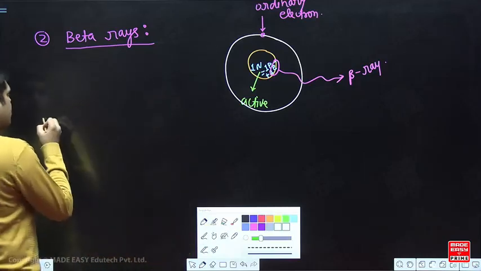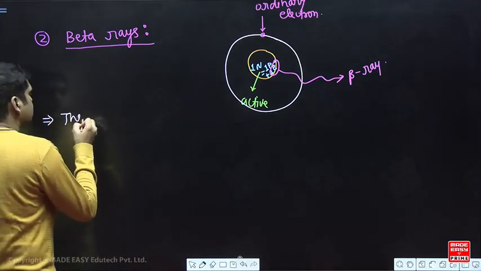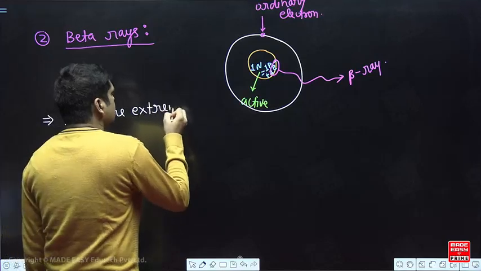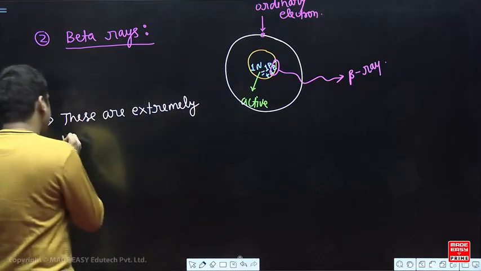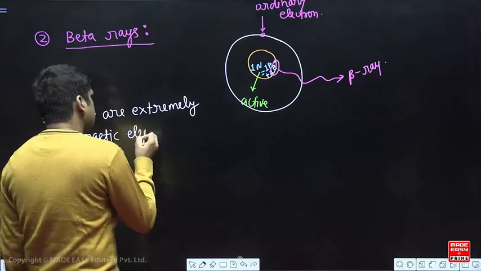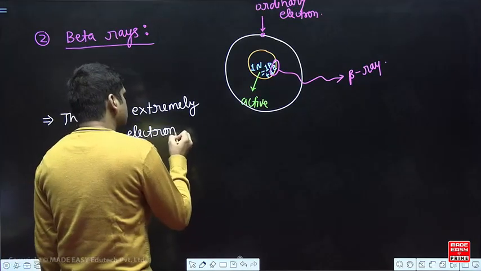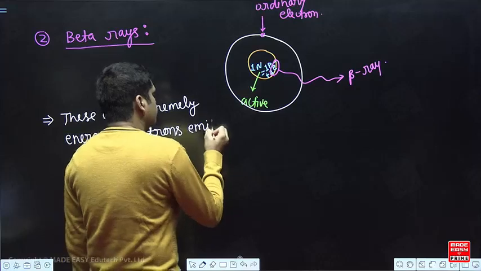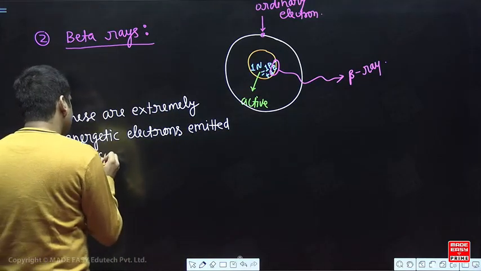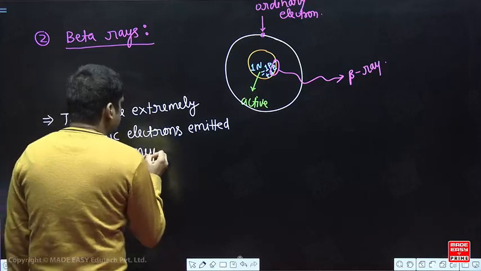These are extremely energetic electrons emitted from the nucleus.